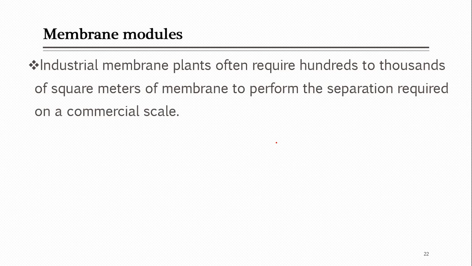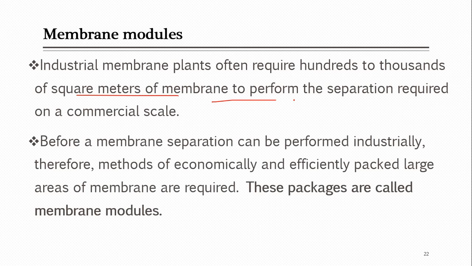So how can we provide this much large area for the membrane in the plants? When you look at industrial plants, you need from 100 to 1000 square meters of membrane area. In order to provide that area, we have to place the membrane in such a way that we get an economical and efficiently packed membrane area, because if you need a large area, there will be a problem fixing the equipment.